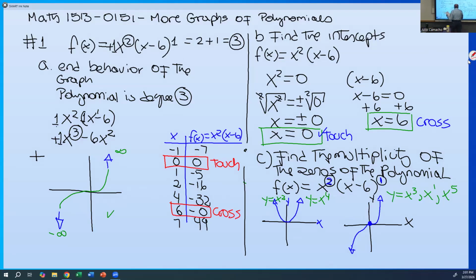Again, the line of the graph will touch and bounce off the x-axis when x is 0 and y is 0, at the origin, and will cross the x-axis when x is 6 and y is 0.